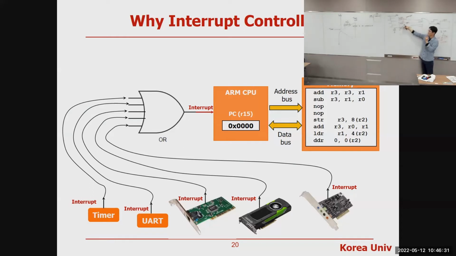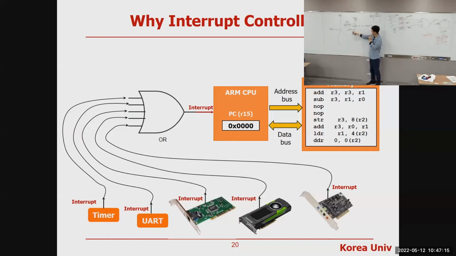What if a UART interrupt is generated in the middle of executing the ISR here? Then that UART interrupt will be taken by the CPU. There is nothing to prevent the CPU from taking that interrupt because it is simply connected, forwarded to the CPU through that connection.